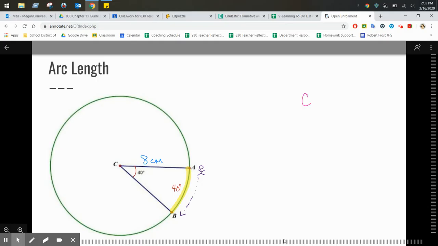So the circumference of this circle would be 2 pi r, or 2 times 8 times pi, right? So in this case, it would be 16 pi. That's how long it would be to go around the entire circle.